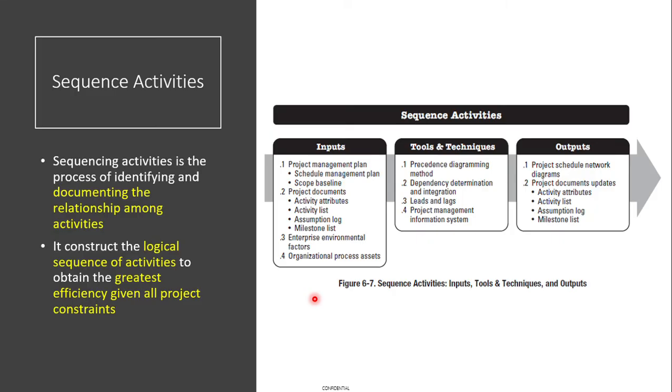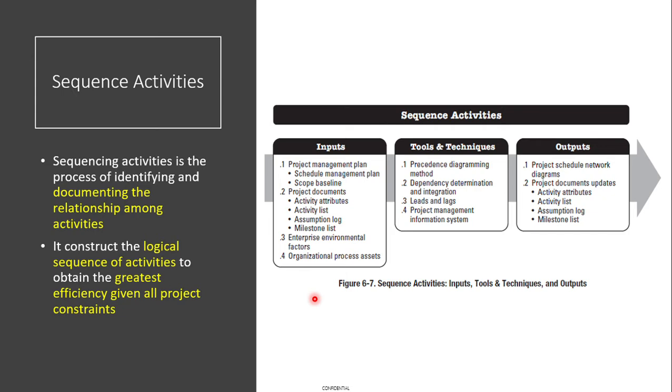So Sequence Activity is all about constructing a logical sequence of activities to obtain the greatest efficiency given all project constraints. For example, maybe you have a constraint in your project, a resource is not available in a particular period of time.